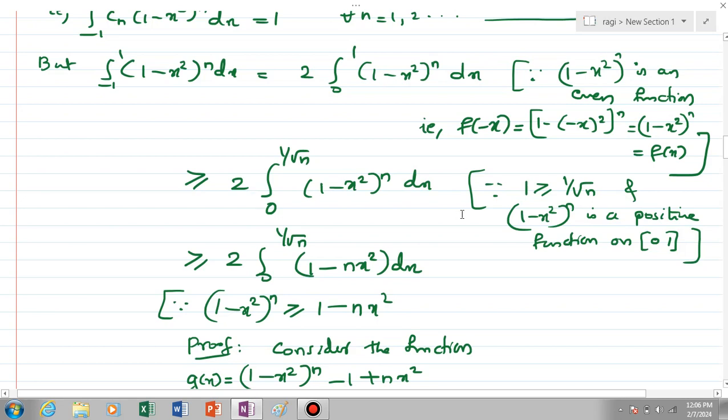The reason is that when n runs over 1, 2, 3, etc., 1 is greater than or equal to 1 by root n, and the function within the integral is a positive function on the closed interval [0, 1]. So we are only dealing with the positive area, and so the integral from 0 to 1 is greater than or equal to the integral from 0 to 1 by root n.